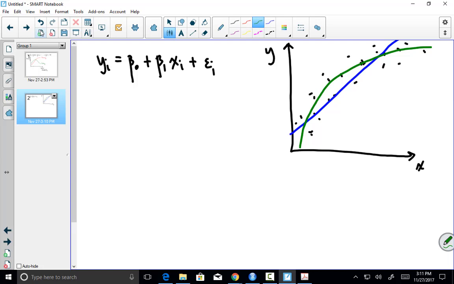So if we have data like this, and I want to model y in terms of x, I could use a linear regression model. I could use the simple linear regression model that's written on the slide currently with just beta 0 plus beta 1 x. That model, though, assumes that it's a linear relationship. So it would be fitting a blue line. It'd be looking for the line that best accommodates all the points.